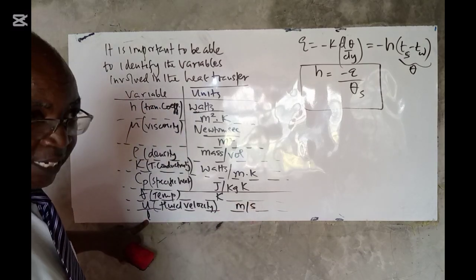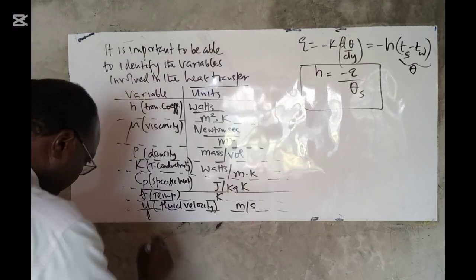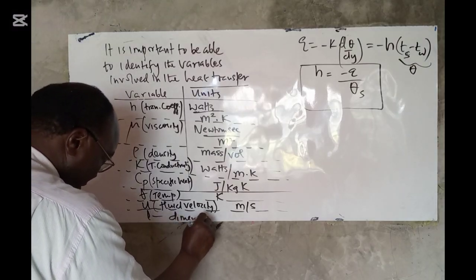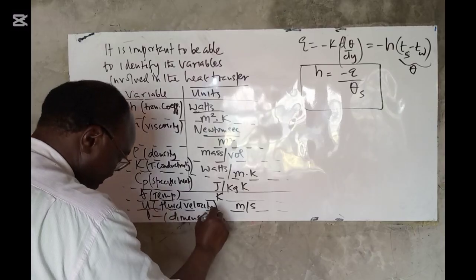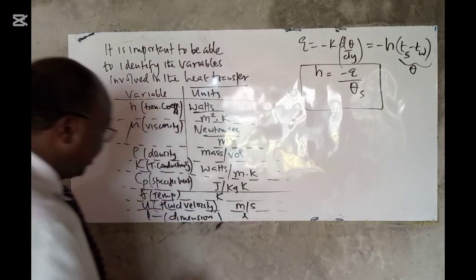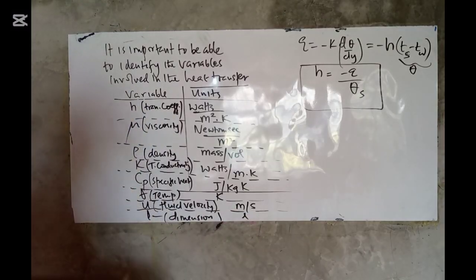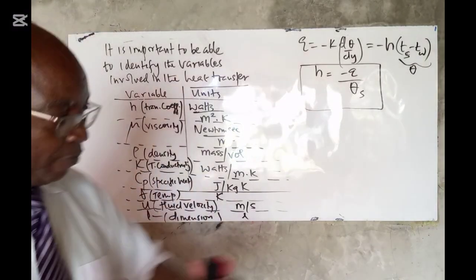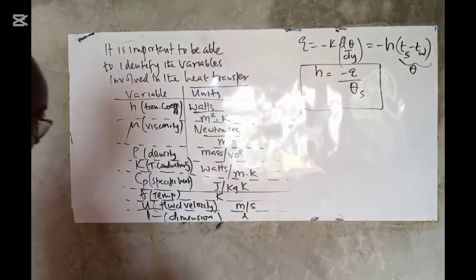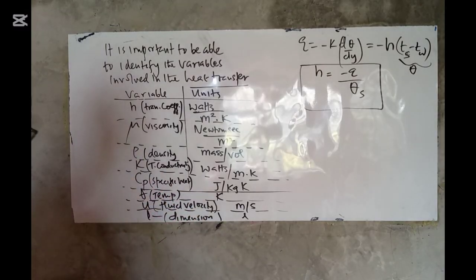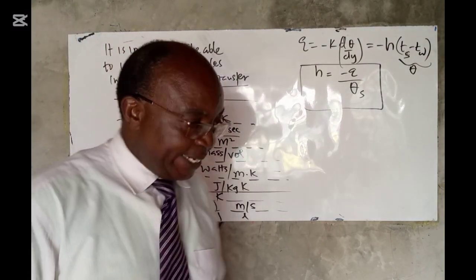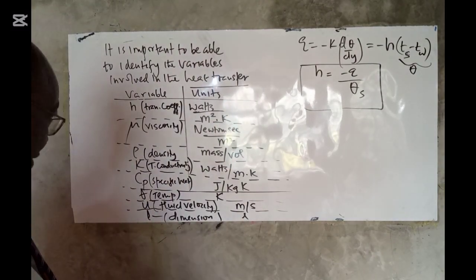And this characteristic dimension, the unit is length. So these are some of the variables which you are familiar with in terms of heat transfer. We have used them, we have worked with them, we know them, and those are the units. Why have we listed the units? We need the units in the dimensional analysis.